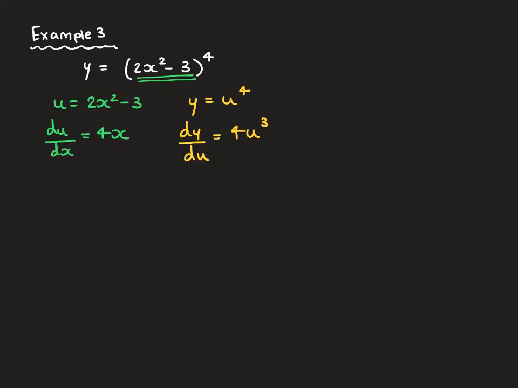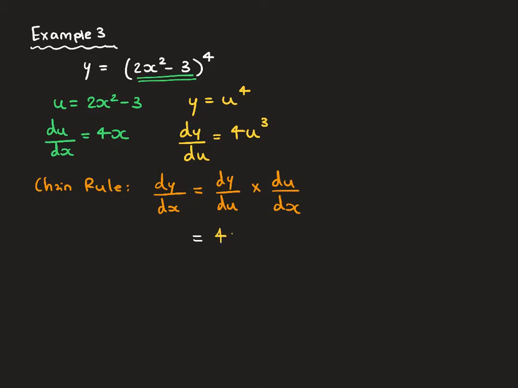Now, let's go for the chain rule again. Remember, dy by dx, which is what we're aiming to find, is dy by du multiplied by du by dx. Don't cut corners at this stage. You need to work everything out fully until we spot exactly what is happening here.